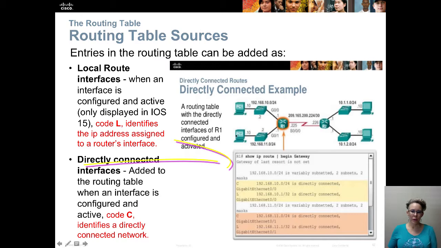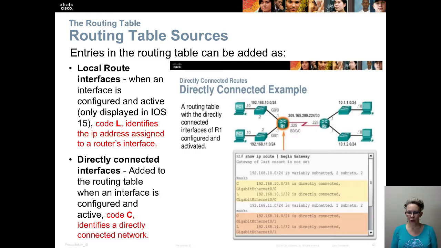Now notice right up here, gateway of last resort is not set. What that means is if R1 receives a packet to an address that is not listed in its routing table, that packet will simply be dropped. So if we use this example, let's say PC2 is sending something to an IP address of 72.10.10.10.